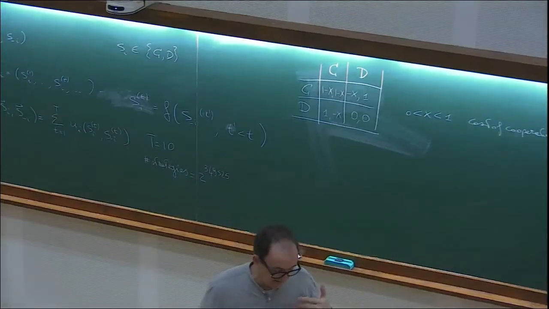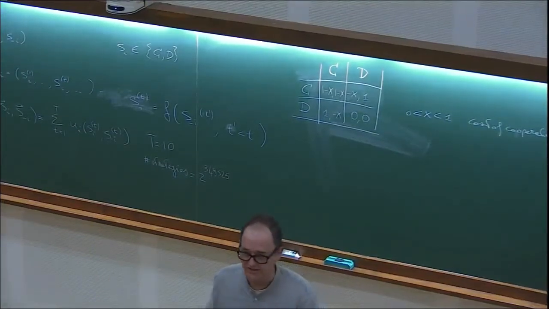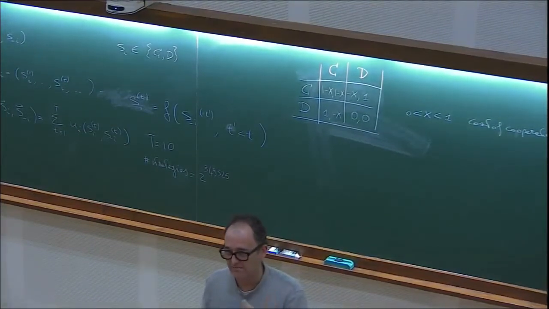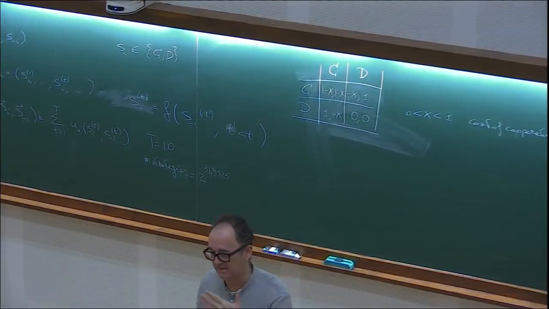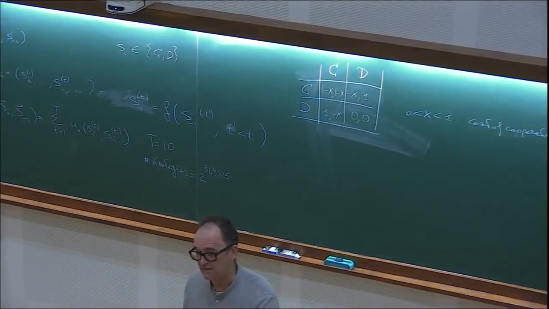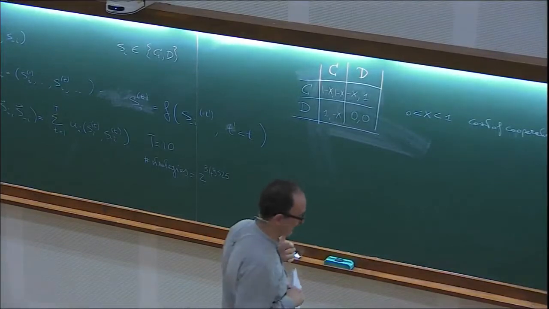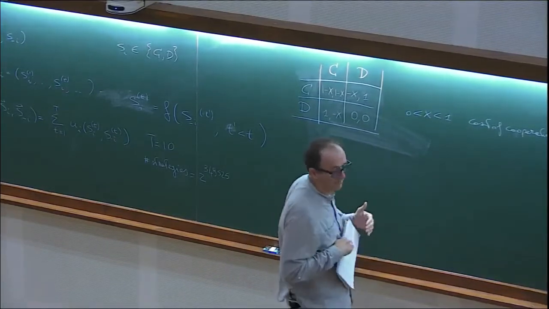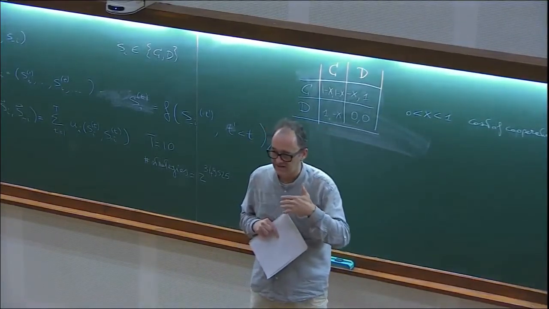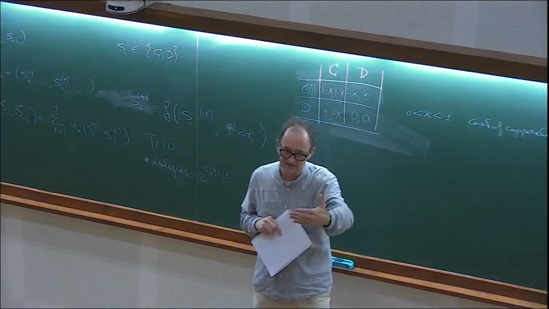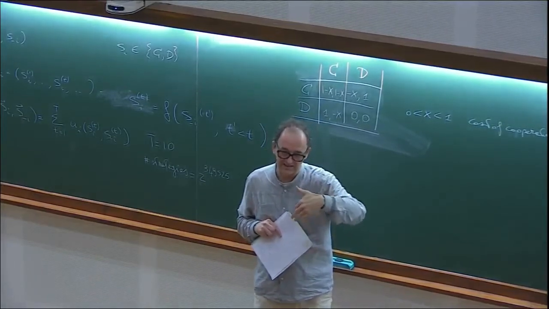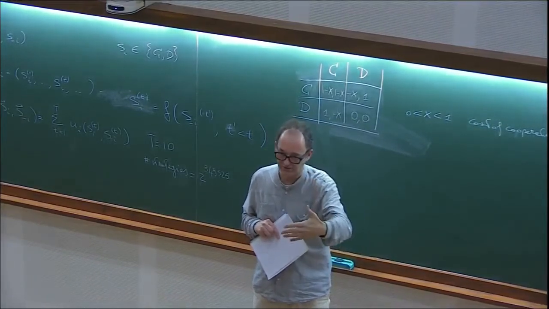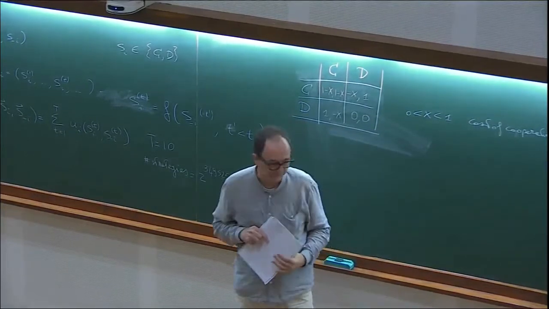But imagine that there is no such day. Imagine that every player knows that there is a certain probability delta that the game will go on. There is a probability 1 minus delta that there will be no further game, okay?